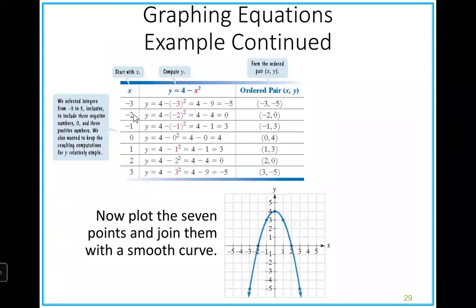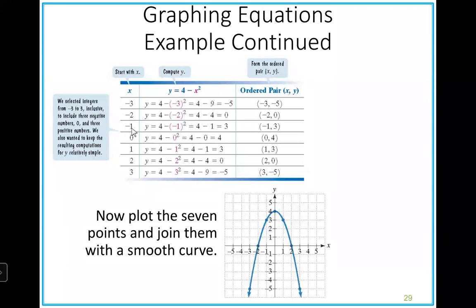When x is -2, then y would be 4 minus (-2) squared. -2 squared is 4. 4 minus 4 is 0. So we're going to get (-2, 0) here. When x is -1, then y would be 4 minus (-1) squared. -1 squared is 1. 4 minus 1 is 3.